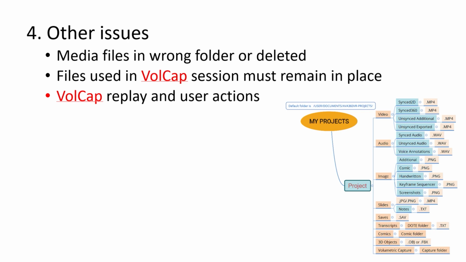If it was, say, a Sync 360 minisphere and that file no longer exists, it will just show a blank in that minisphere, without a video. So if you're doing volcap, just make sure you don't delete media files or assets that are needed.